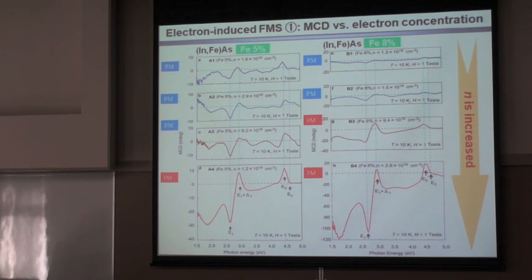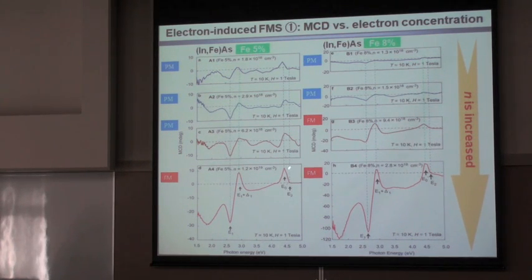And by measuring the SQUID magnetization and also the magnetic field dependence of MCD, we characterized that these three samples are paramagnetic, but this sample with higher carrier concentration is ferromagnetic.